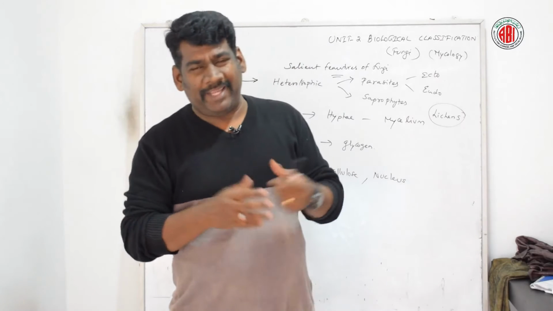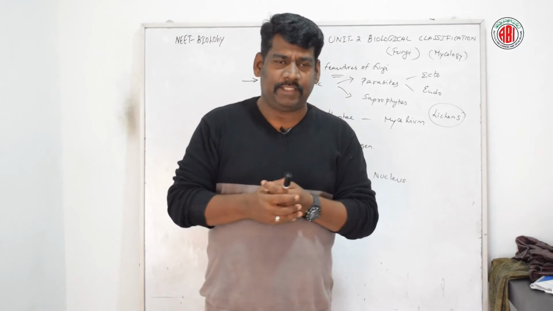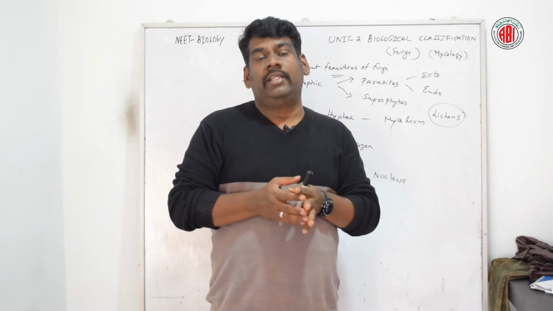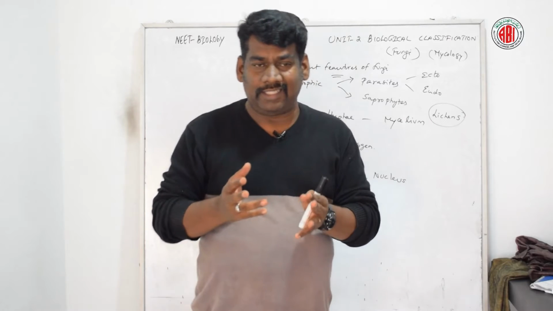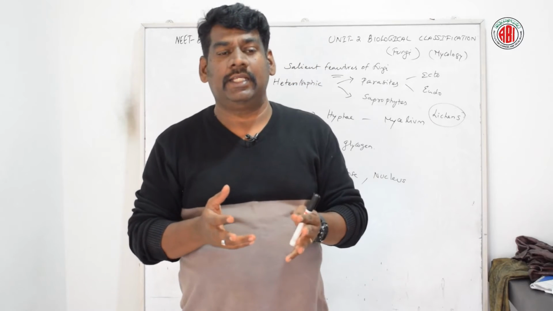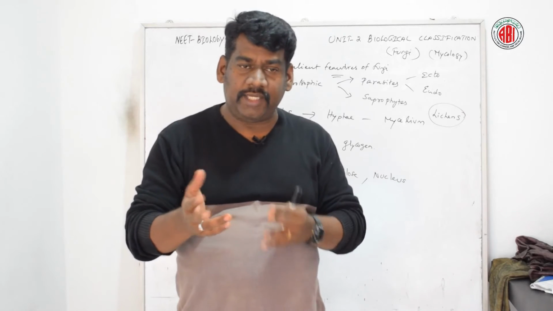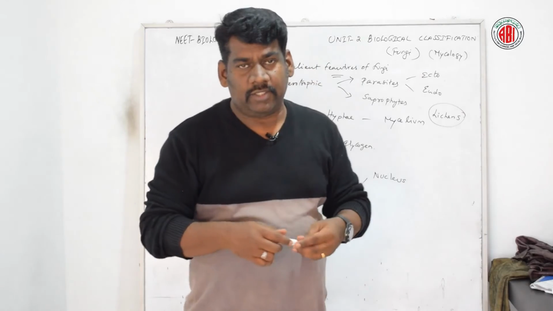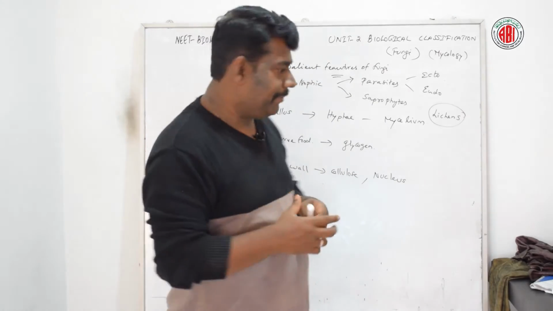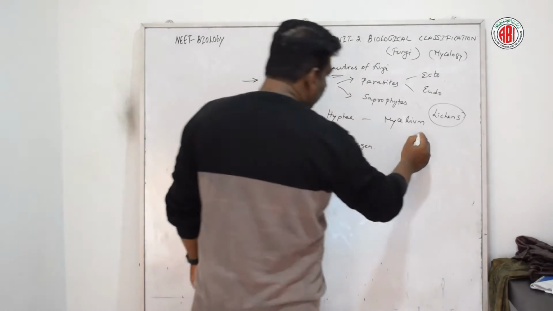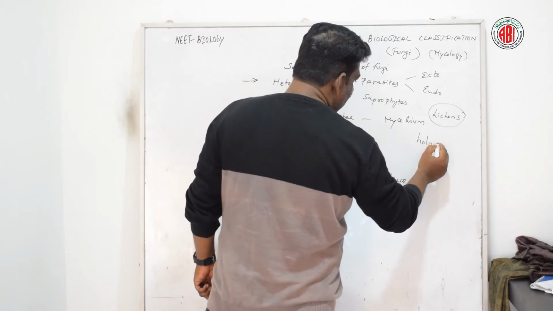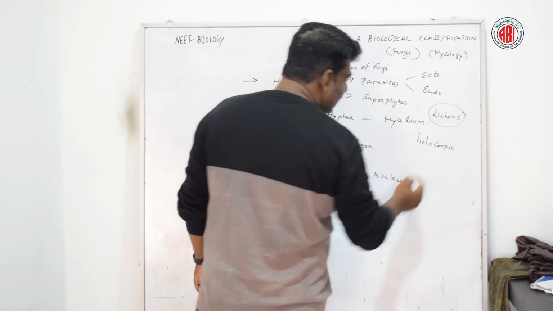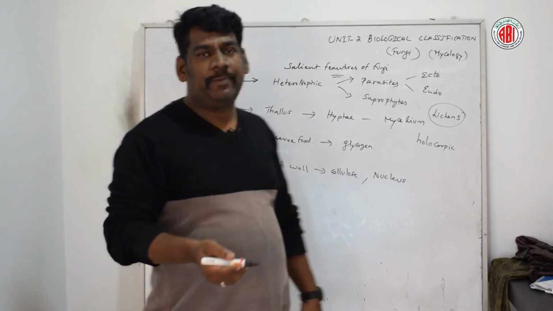Based on reproduction, if the organism is a single cell and it converts into the reproductive structure, it is called holocarpic. Holocarpic are the type of fungus that convert the single cell into a reproductive structure.